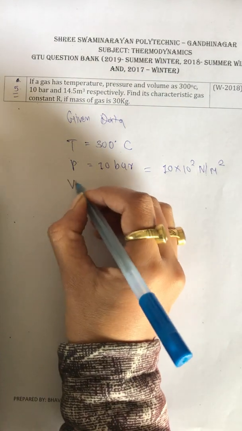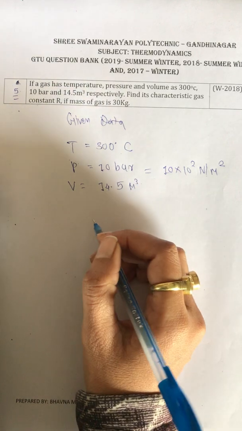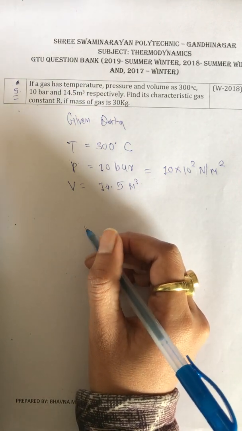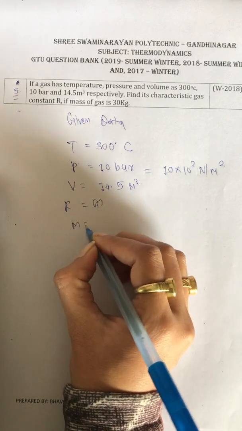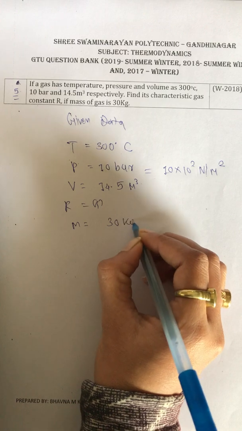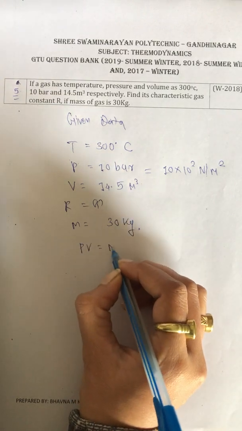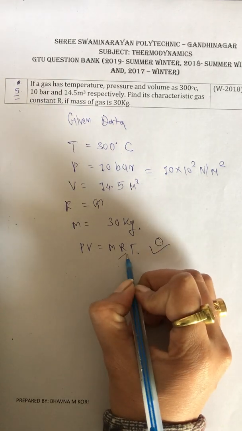Then volume is given 14.5 meter cube. And what we have to find? We have to find the value of characteristic gas constant R. And the mass of gas is given, that is m is equal to 30 kilogram. We know the characteristic gas equation, that is PV is equal to mRT.